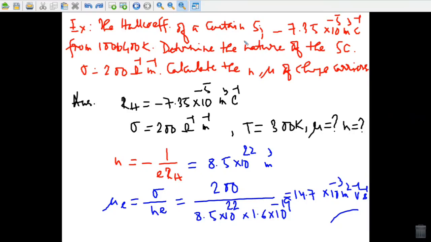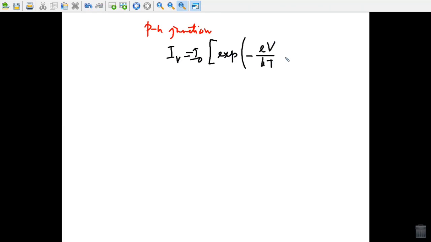Under forward bias condition, that is when the P region is made positive with respect to the N region, the net current flow in the internal circuit is given by the very famous equation I of V is equal to I0 times exponential of eV divided by kT minus 1, where V is the external applied voltage and I0 is called the dark current.